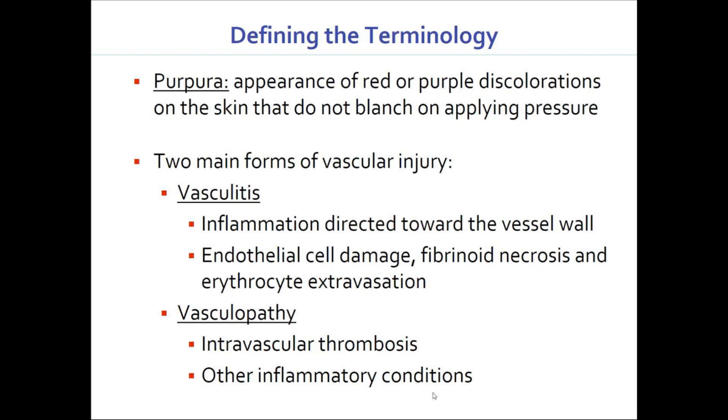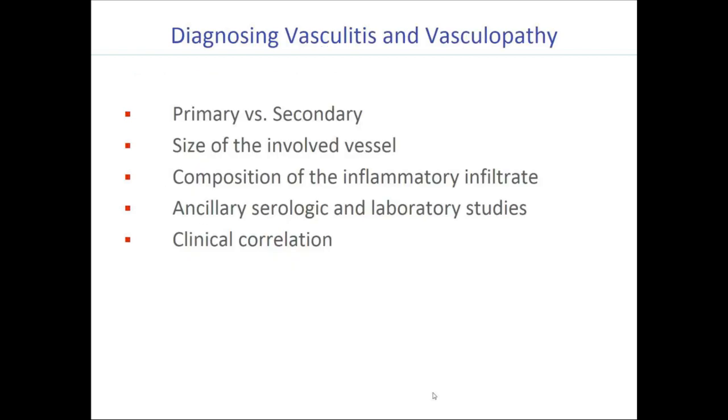As well, there's vasculopathy, characterized by an intravascular thrombosis, which can actually be seen in a number of inflammatory conditions. The key to diagnostic certainty among vasculitis and vasculopathy is really to consider whether the process is primary or secondary, the size of the involved vessel, the inflammatory infiltrate, and any ancillary studies, as I'll be describing. But most importantly, clinical correlation is required.